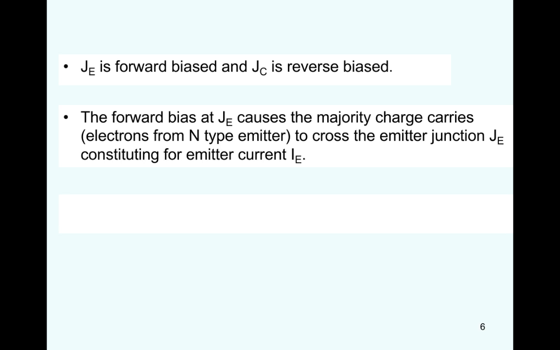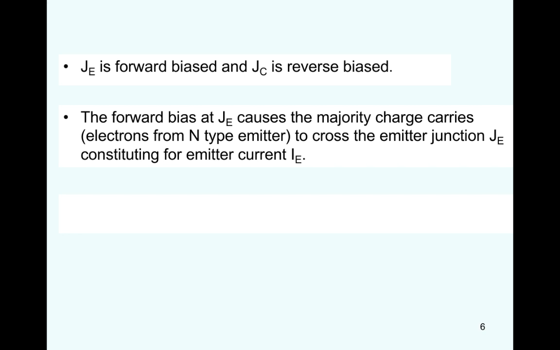The forward bias at JE causes the majority charge carriers to cross the emitter junction JE, constituting the emitter current IE. The majority charge carriers flow from N type across to the P type, which here is the base.